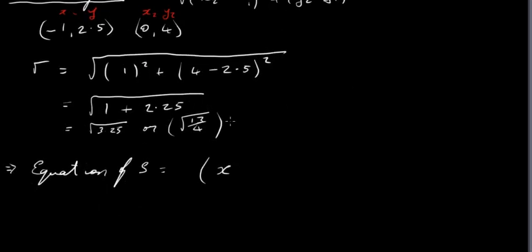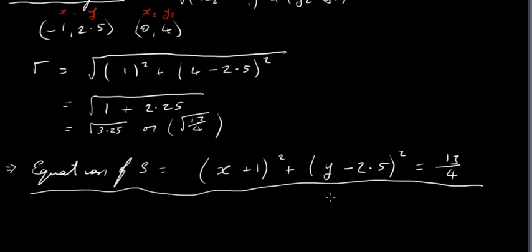So it's going to be x minus minus 1, so that's going to be x plus 1, squared, plus y minus k. Well, our k is 2.5, so it's minus 2.5, squared, and that's equal to r squared. So it's equal to the square root of 13 over 4 all squared, so it's just 13 over 4. So this is our answer here. This is the equation of S. And that's it for this question.